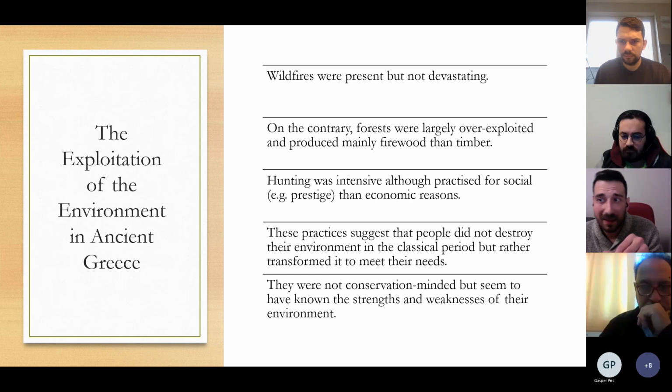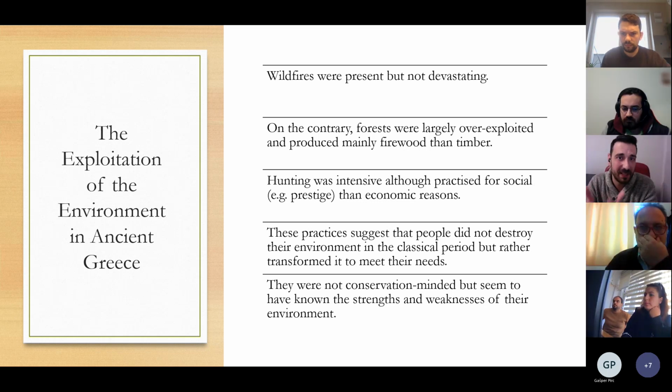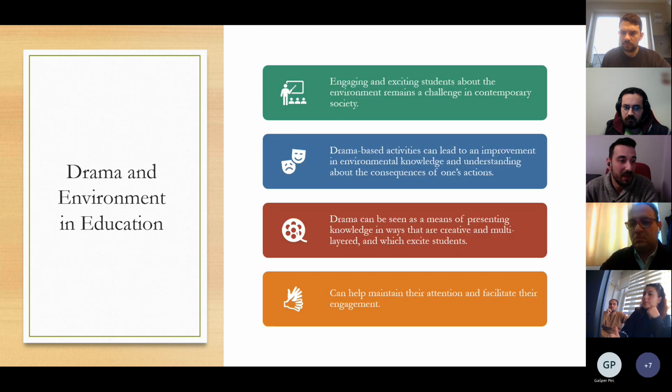So this is why creating this presentation was quite challenging, because we had to find examples that can be related to environmental education in the ancient Greek theater, but people were not that concerned about environmental problems because they were not that evident back then, in that era.